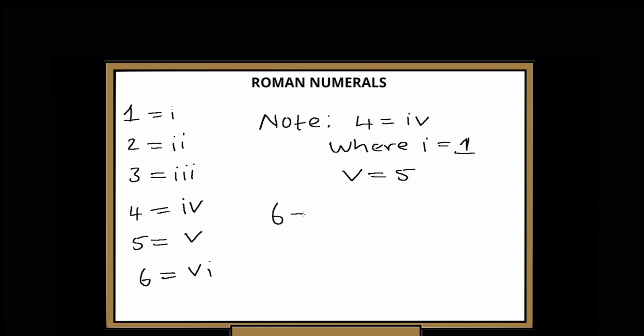Then, if you look at 6, where 6 equals VI, where V equals 5, and I equals 1. Since V comes before I, this means that 5 plus 1, which will give you 6.